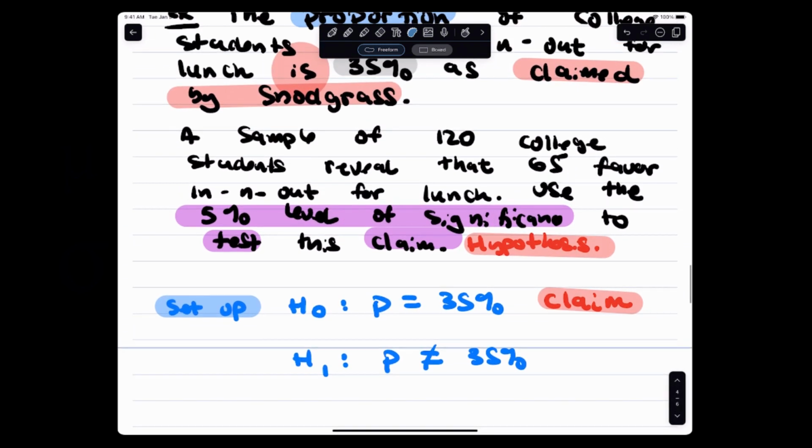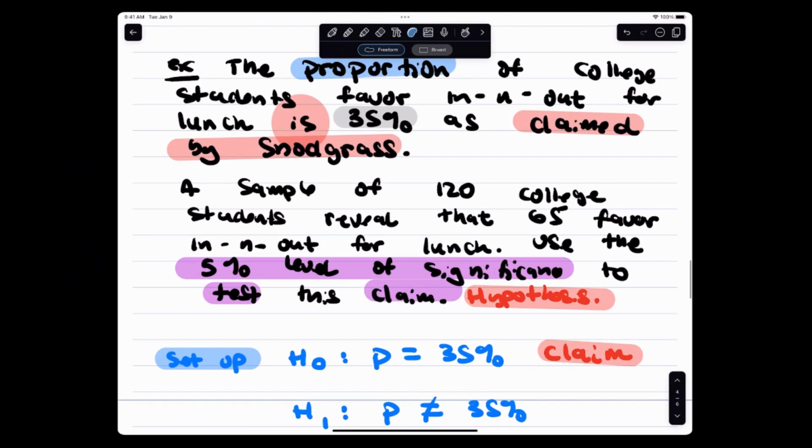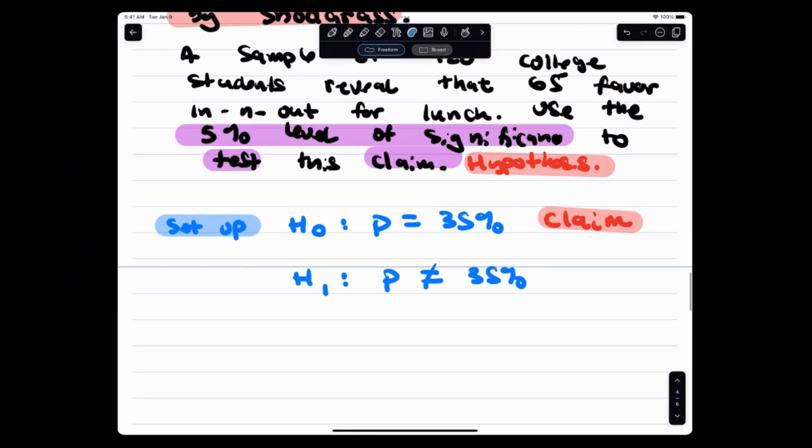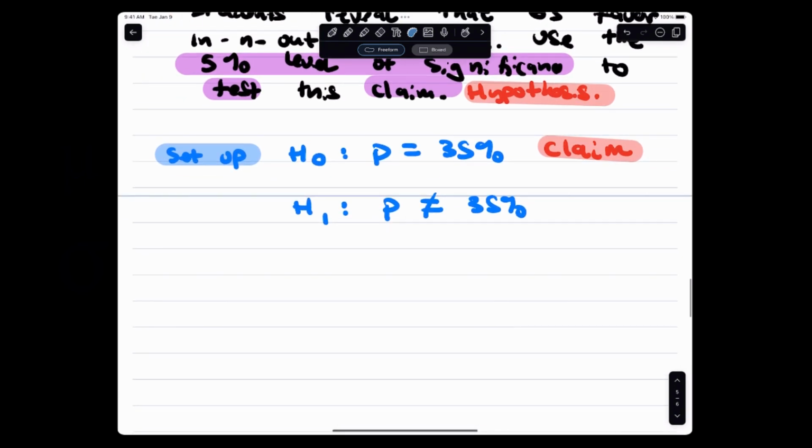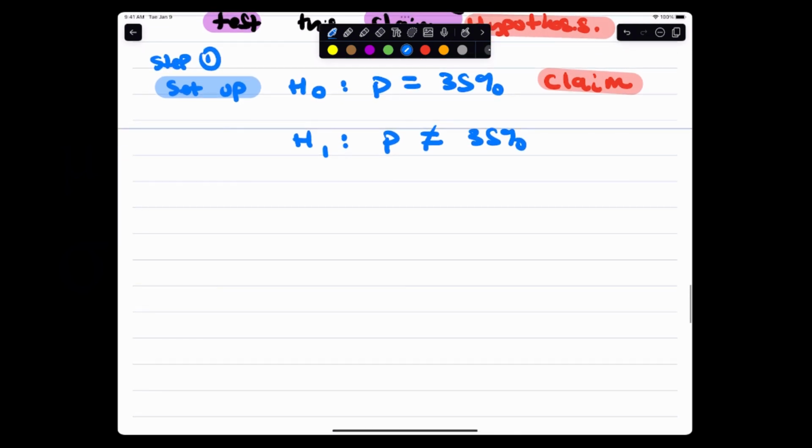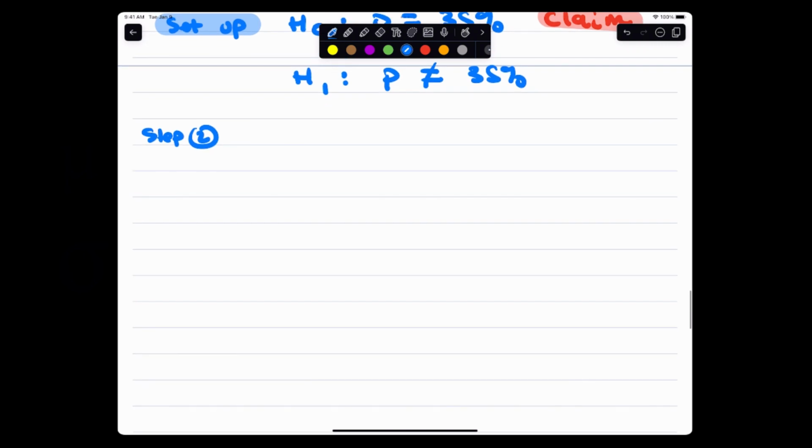Easy peasy lemon squeezy. That's what we call the setup. That's step one. So there's 5 steps. This is only the first step. I know people say, oh, this is long. Well, when you first learn it, it's not that bad. I think the first 2 steps are where most of the work is.